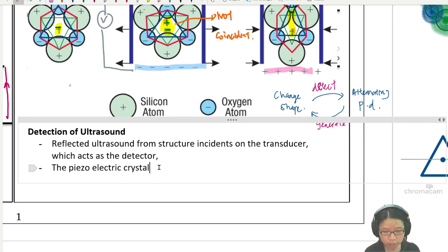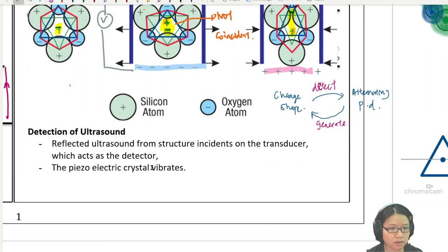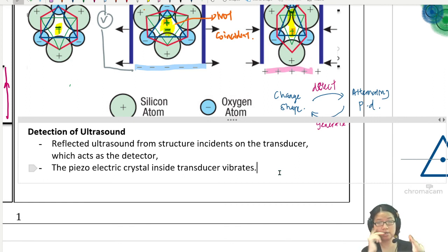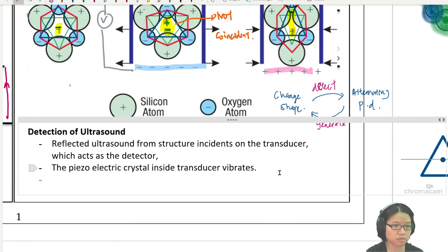The crystal will vibrate, like my alarm vibrated just now. So the piezoelectric crystal inside the transducer vibrates. What does this vibration cause? It will cause an electric field across the crystal.